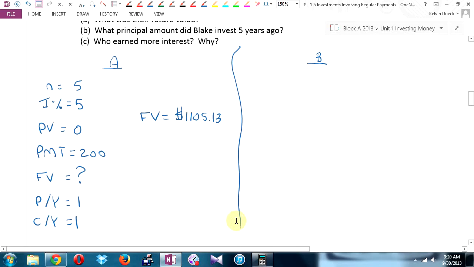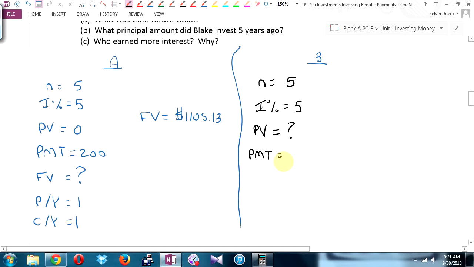Let's see here. N equals 5. I percent equals 5. Present value equals don't know. How much is Blake paying each time?